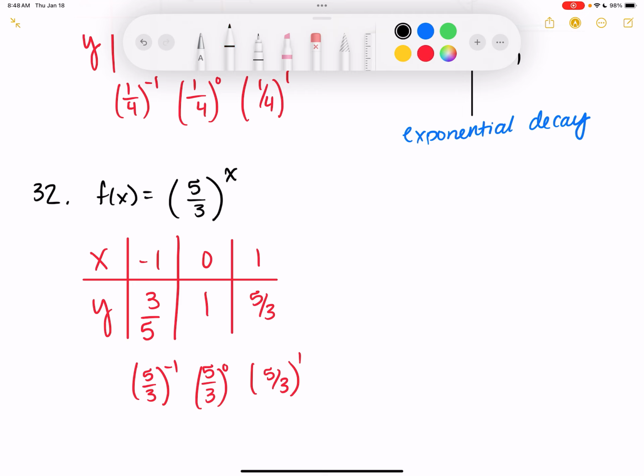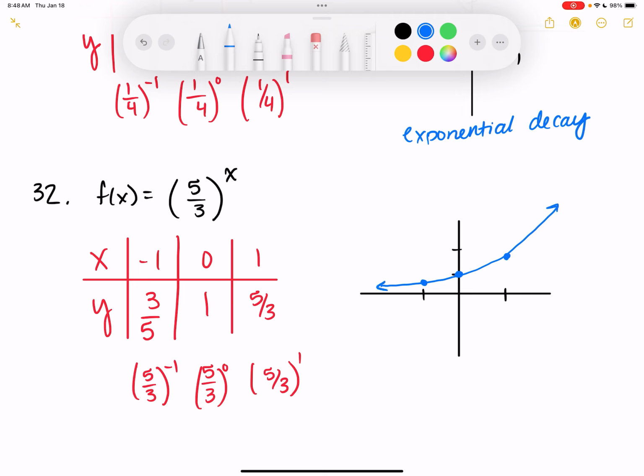So at -1, it's at 3/5. At 0, it's at 1. And at 1, it's at 5/3, so just a little less than 2. So this one's a little more tightly together.